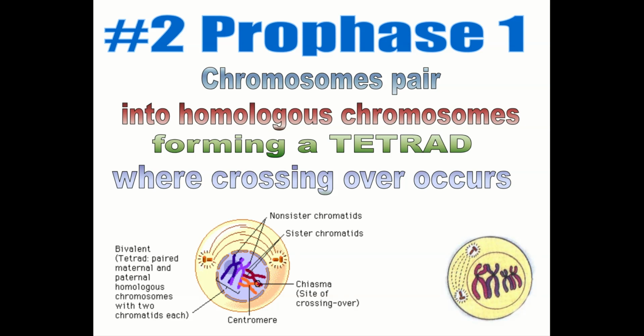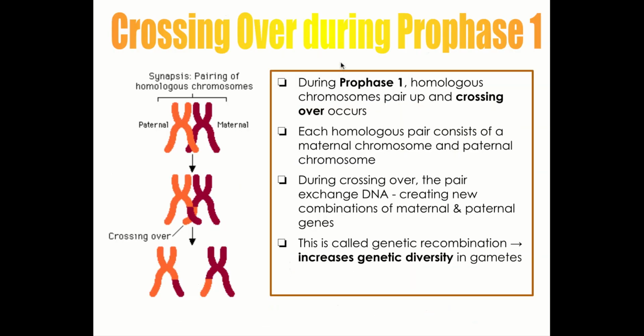So we're mixing up the genes by a process called crossing over, which is the exchange of DNA between matching homologous chromosomes. Again, crossing over occurs during prophase 1. Homologous chromosomes pair up. Each homologous pair consists of a maternal chromosome and a paternal chromosome. During crossing over, the pair exchanges DNA, creating new combinations of maternal and paternal genes.